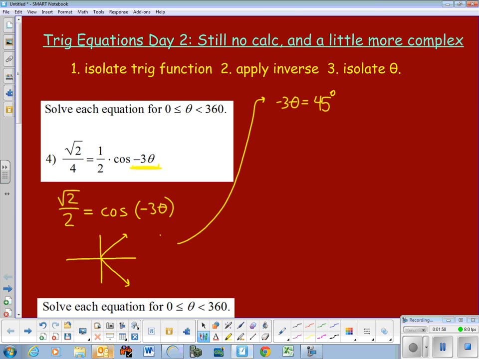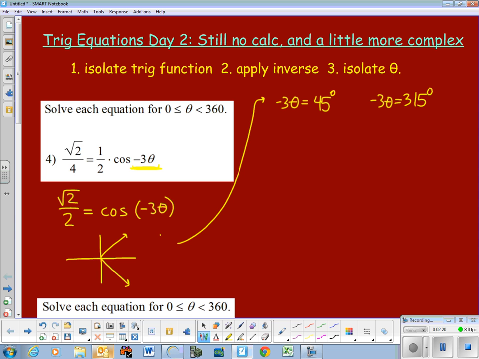And now here's another little catch. I just had to list the two values last time without this negative 3 in there with the theta. I would say 45, 315, and I would be done, because my domain was only 0 to 360. Here's the difference.